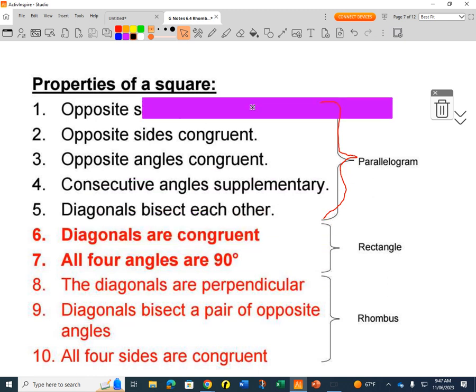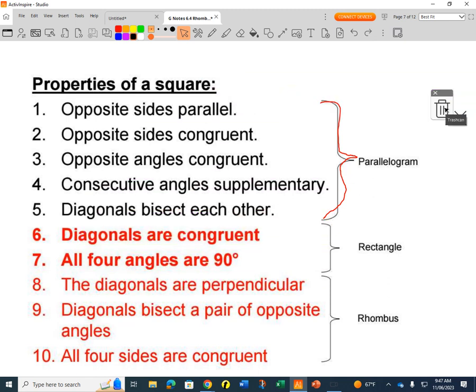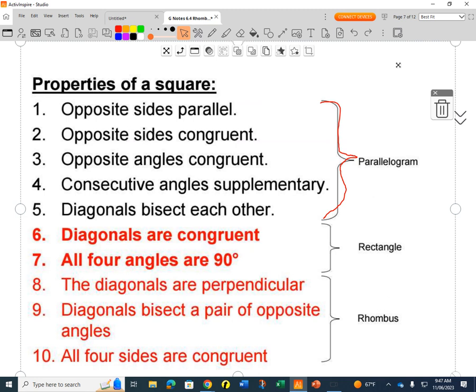And finally, all four sides are congruent. So we don't have the word square over there, but all of these properties are properties of a square. All the properties of a rectangle and all the properties of a rhombus. If it's true of a rectangle, it's true of a square. If it's true of a rhombus, it's true of a square.